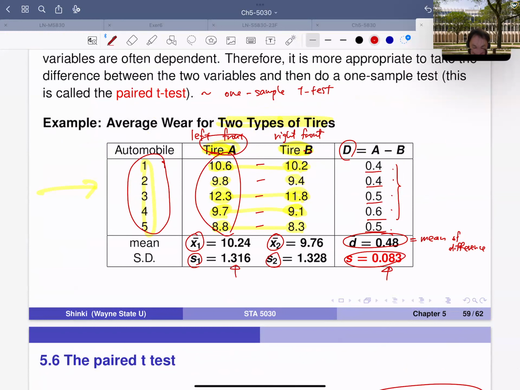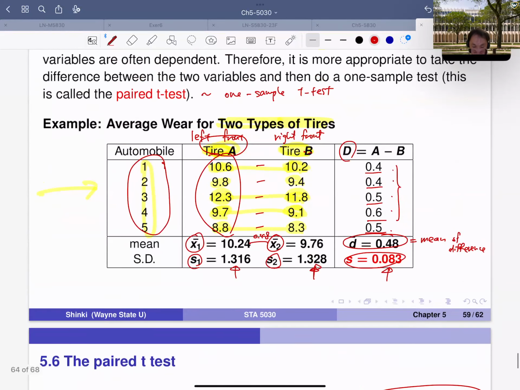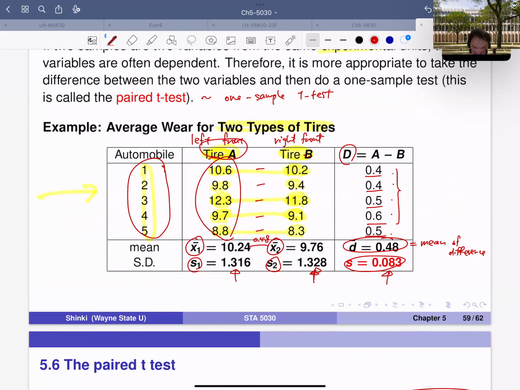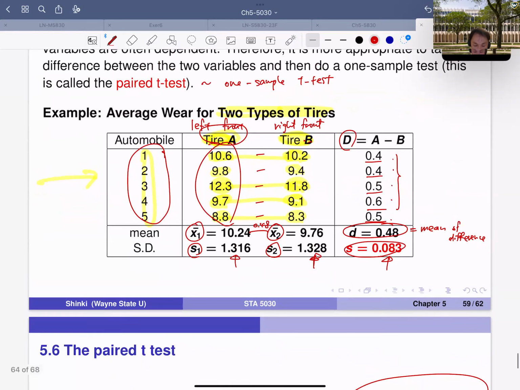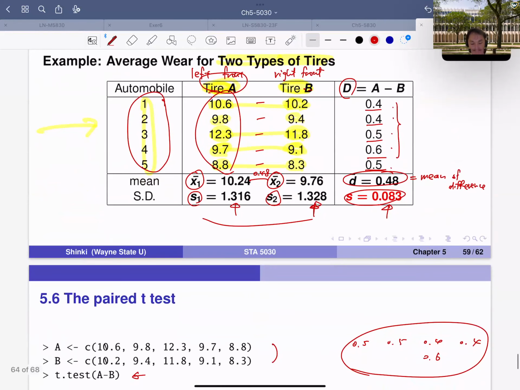So this is about 1.3, and this is also about 1.3. So difference is only 0.48. If standard deviation is 1.3 for each sample, we can imagine that we cannot reject null hypothesis. So actually, not only the two sample t-test is not appropriate to do, but also this often fails to reject null hypothesis.